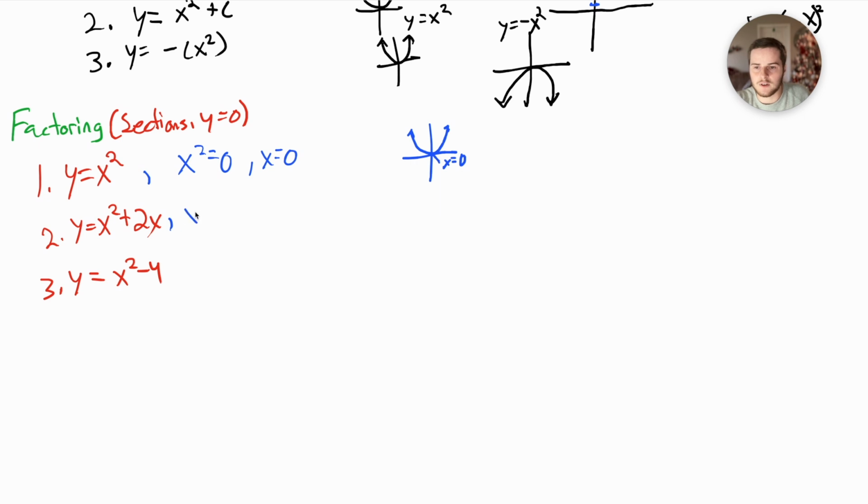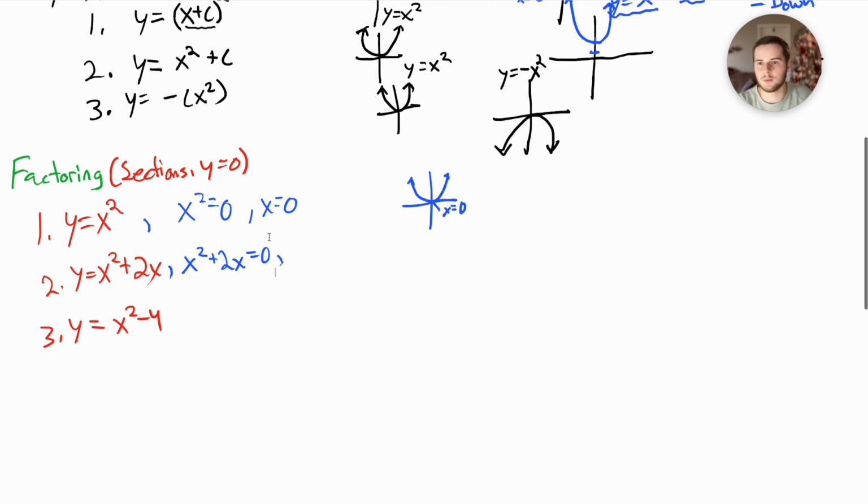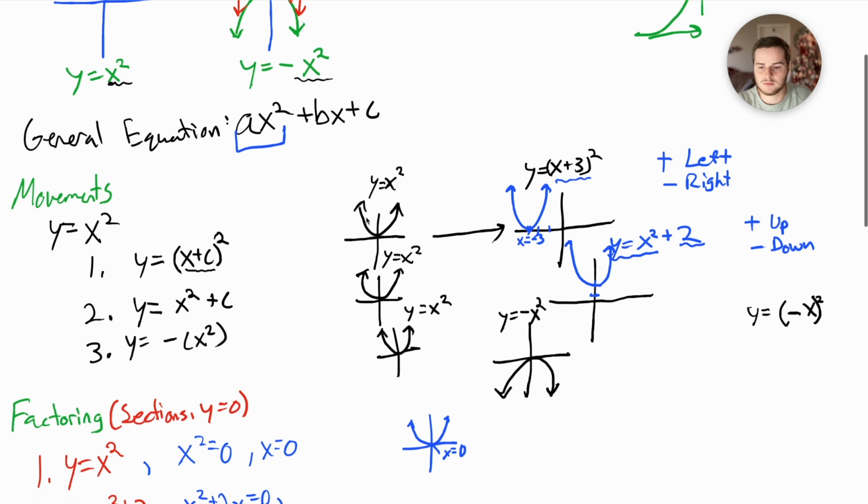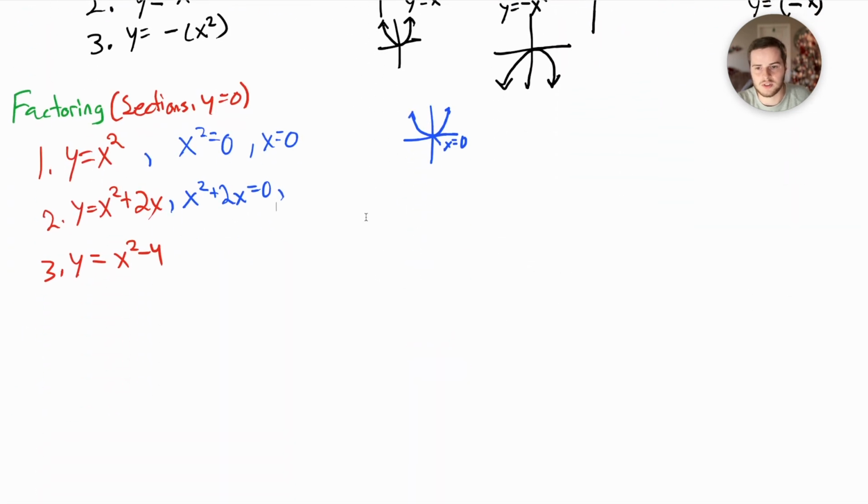And now we're going to have x squared plus 2x equals 0. And if you go back to the equation up here, ax squared plus bx plus c, if you have ax squared and bx, that's this form that we're seeing up here. And all you have to do is pull an x out, and what that's going to look like is x times x plus 2. And we'll still set that equal to 0.